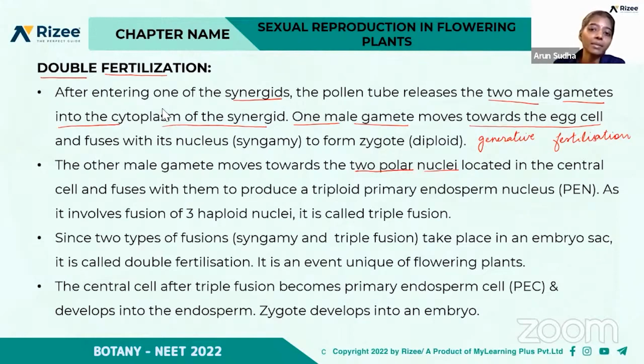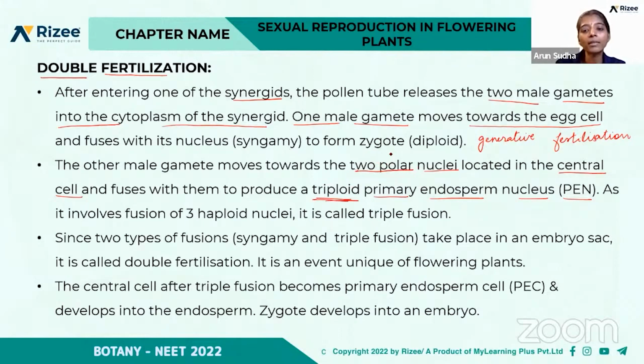So it is called generative fertilization. The other male gamete moves towards the two polar nuclei that are present in the central cell, the large central cell, and fuses with them to produce a triploid primary endosperm nucleus, which is also called PEN. We are calling it triploid because the male gamete is haploid, N, and it fuses with the two polar nuclei.